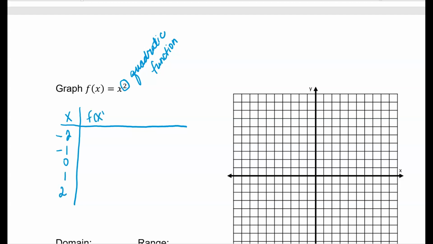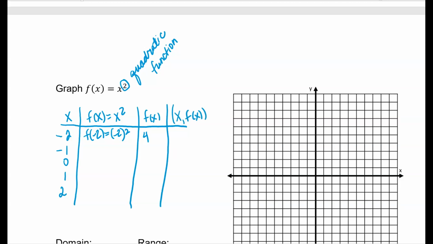If we plug in negative 2 into this function, we would get negative 2 squared, which equals a positive 4. And the corresponding point would be negative 2, 4.